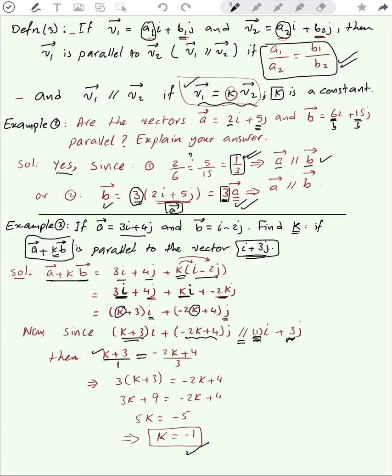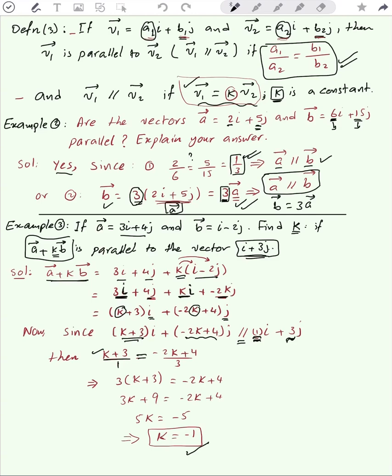This is the meaning of k in this definition. So B is equal to 3 times the vector A. So A and B are parallel vectors, or the vector A is parallel to the vector B.